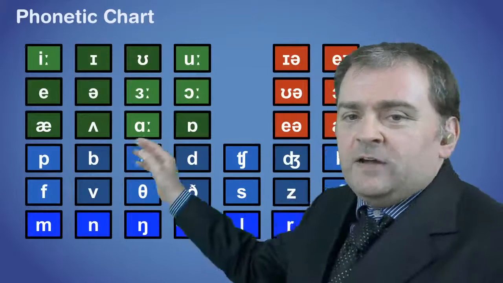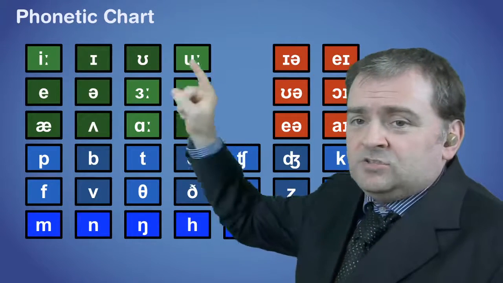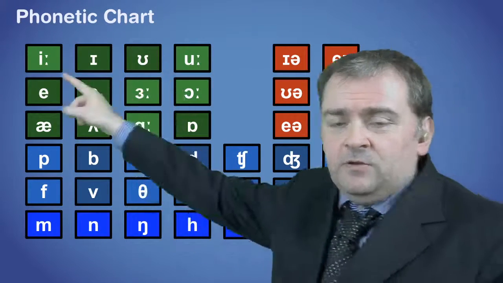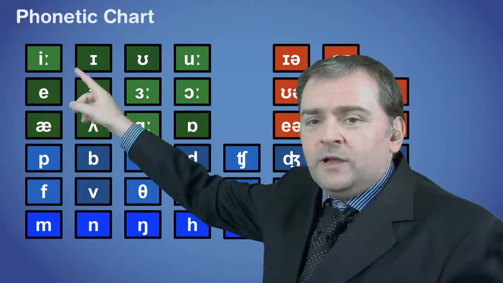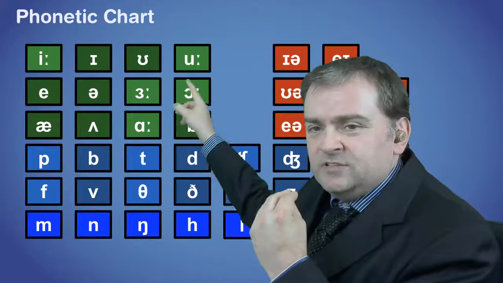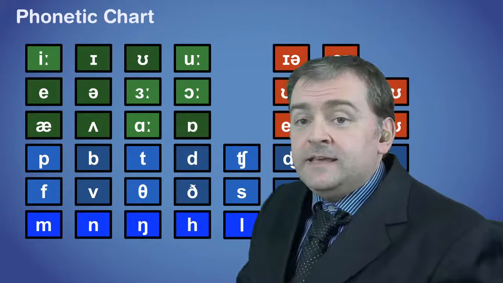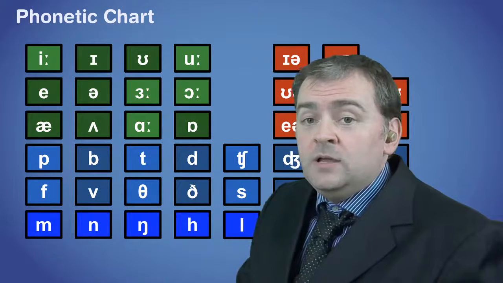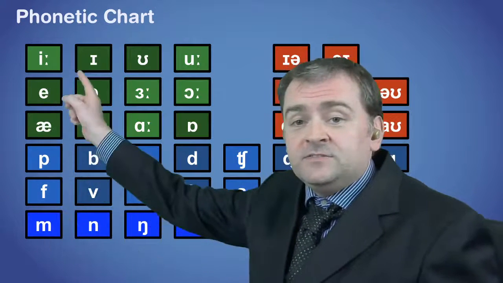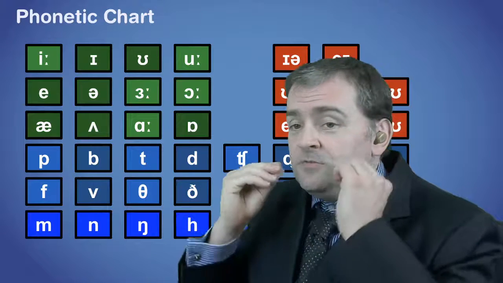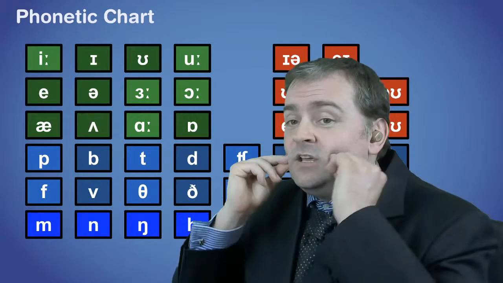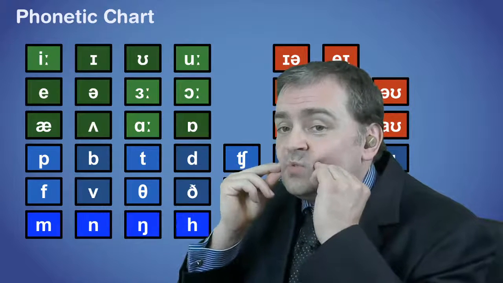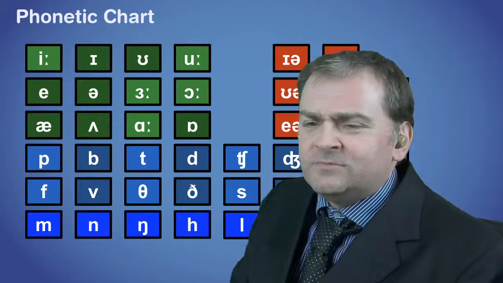Because with the vowel section, the top row, your mouth is kind of quite closed as you say the top row. So you have e, I, u, and as you go from the left to the right, your lips go from being spread out to being sort of squeezed in. I can't remember the technical terms.